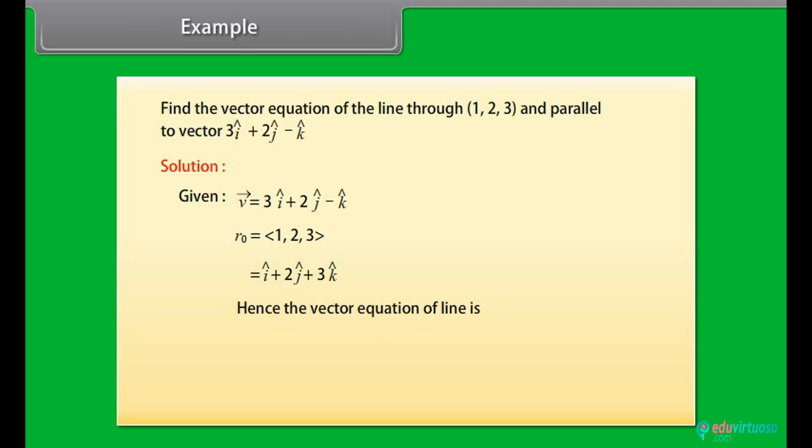Hence the vector equation of the line is R equals i plus 2j plus 3k plus t(3i plus 2j minus k) equals (1 plus 3t)i plus (2 plus 2t)j plus (3 minus t)k.